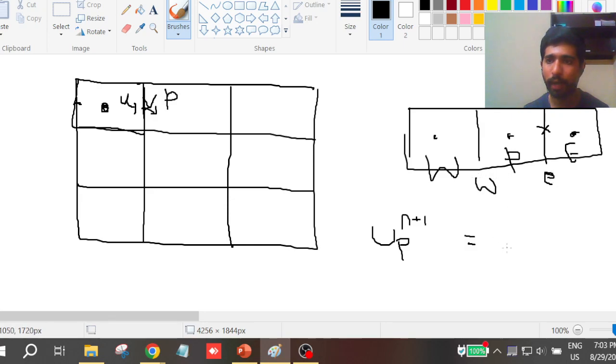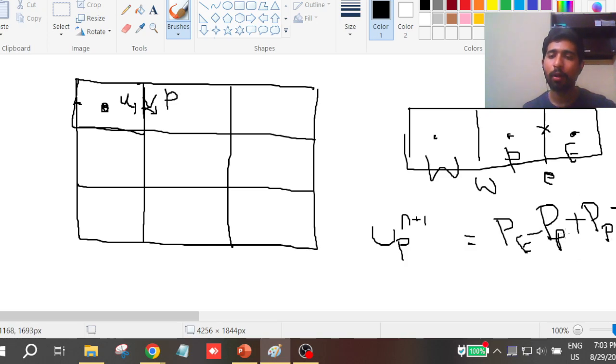When you do the discretization, you end up with (P_E − P_P) plus (P_P − P_W).